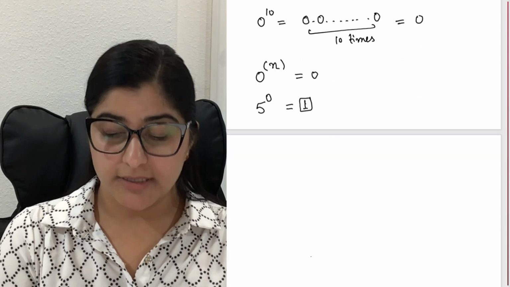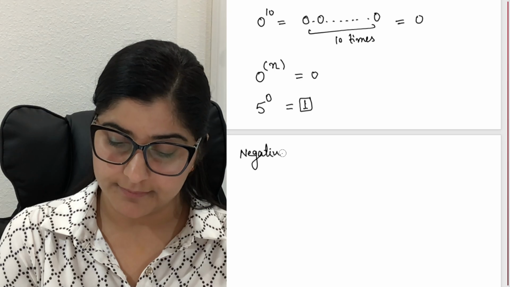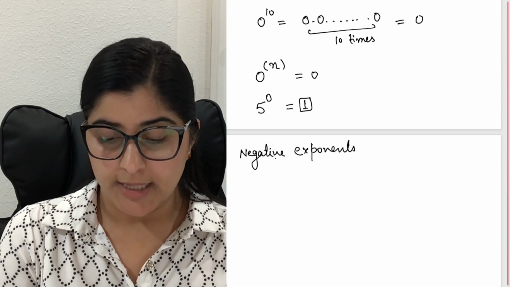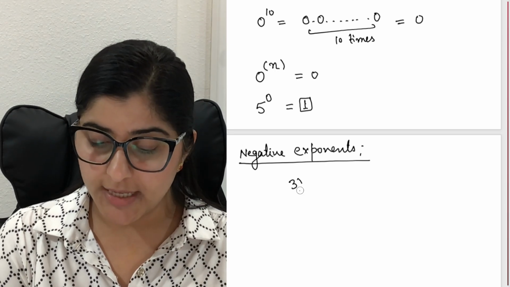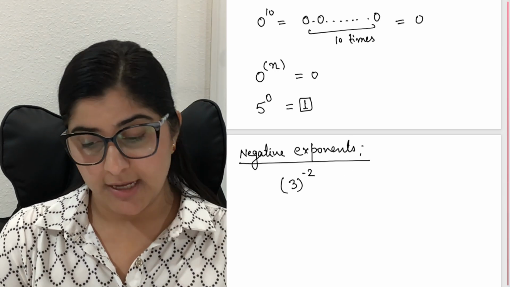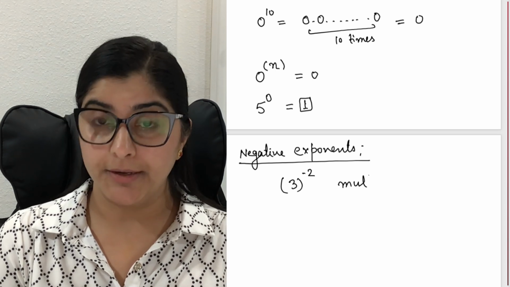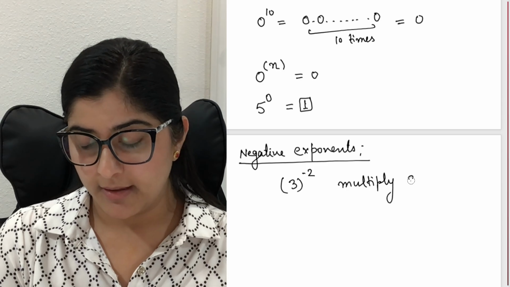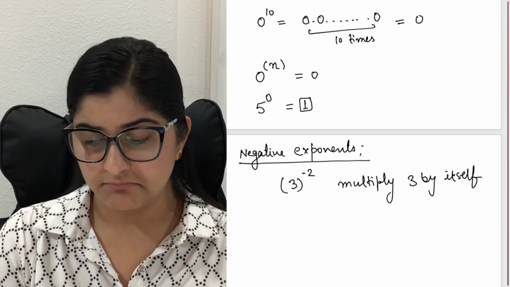Now let's talk about negative exponents. Exponents mean repeated multiplication. If you have 3 to the power minus 2, what does that mean? That means multiply 3, the base, by itself. How many times?